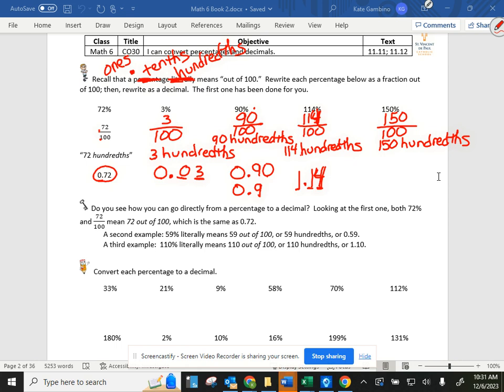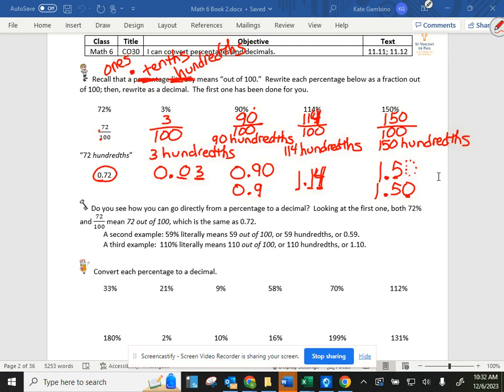Marina? 1 and 5 tenths, or 1 and 50 hundredths. We can't say 50 tenths because there's 2 digits. So you could say 1 and 50 hundredths, or you could say 1 and 5 tenths, because we know that that 0 doesn't have to be there. So either way is acceptable. 1 and 50 hundredths or 1 and 5 tenths, it's the same value. Any questions on that? All right, let's keep working a little.